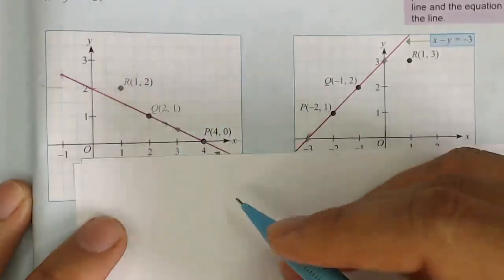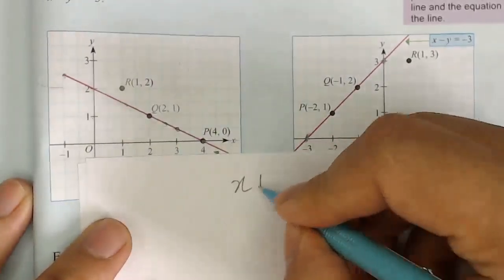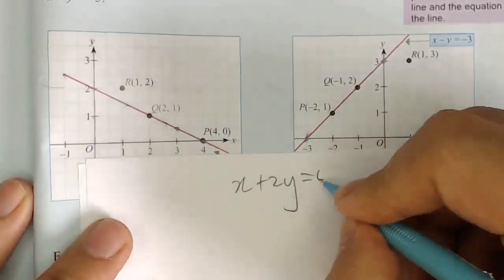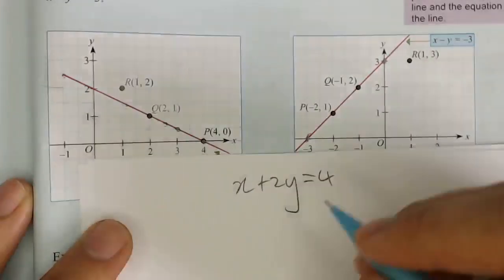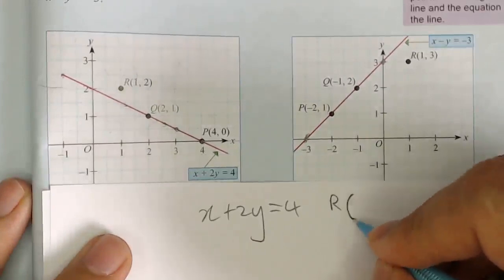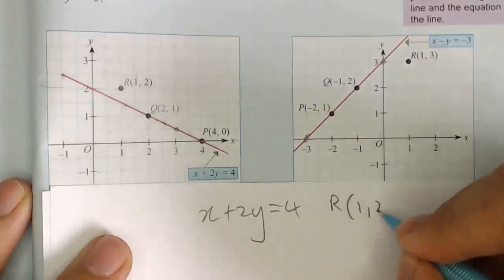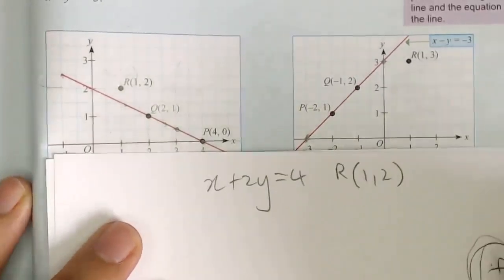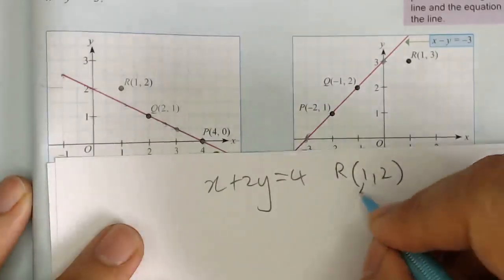So let's do this. x plus 2y equal to 4. Now we need to mention the coordinate R that we want to test. Now substitute the value.